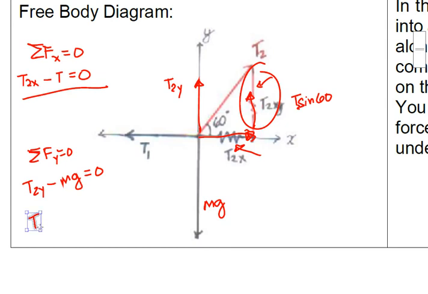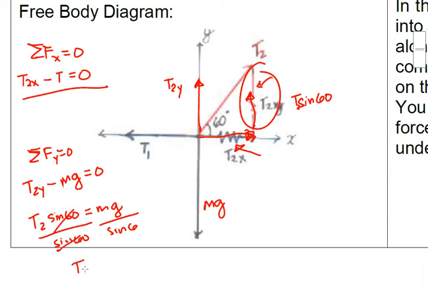So T2 sine 60 is equal to mg. I'm just going to divide both sides by sine 60, so that sine 60 over sine 60 is equal to 1.